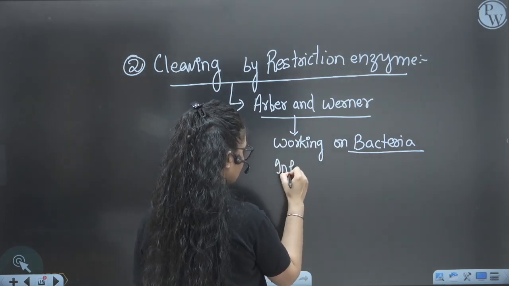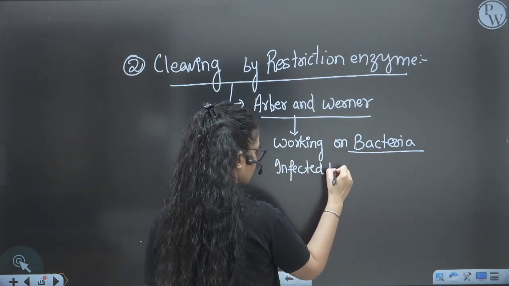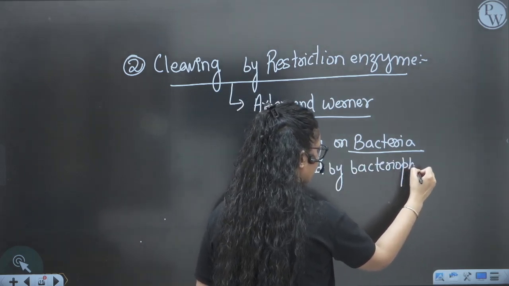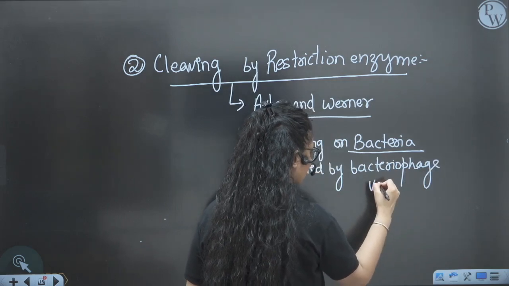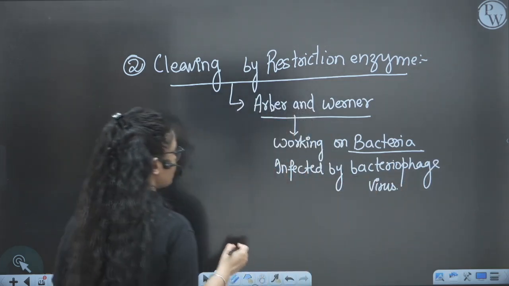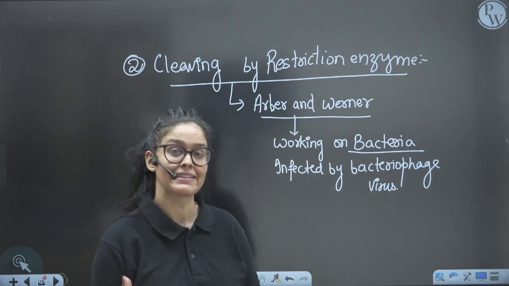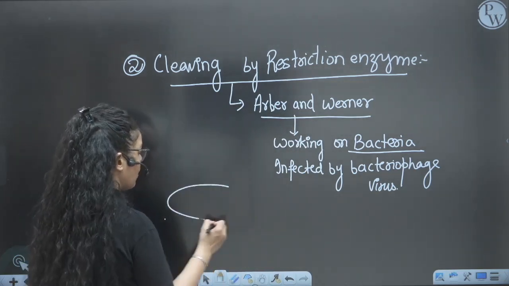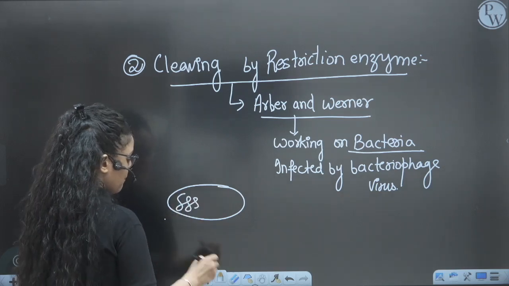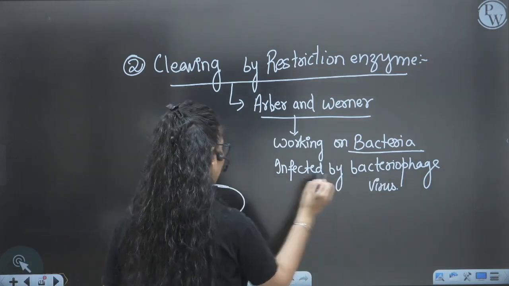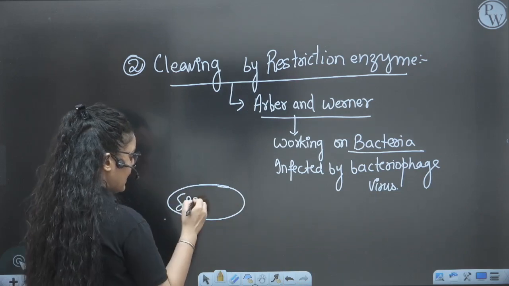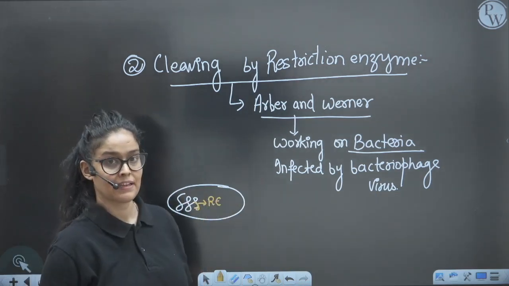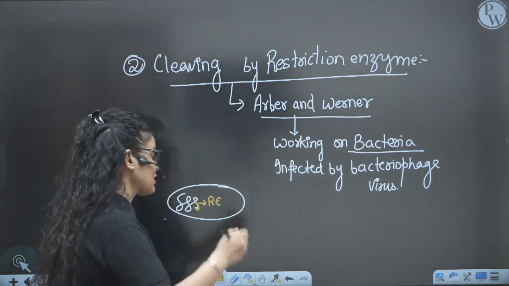They were working on bacteria infected by bacteriophage, right? And they found this amazing enzyme in the bacteria as their defense mechanism. Suppose this bacteria has a special gene, and it is producing a special enzyme known as restriction enzyme. What is the purpose of this restriction enzyme?